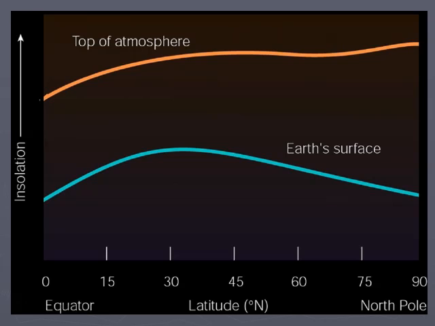Alright, so let's look at how the sun affects the Earth's temperature. Now, when the sun is directly over the equator here, this line shows how much of the sun's energy is hitting the top of the atmosphere. This shows how much of the sun's energy actually reaches the surface.